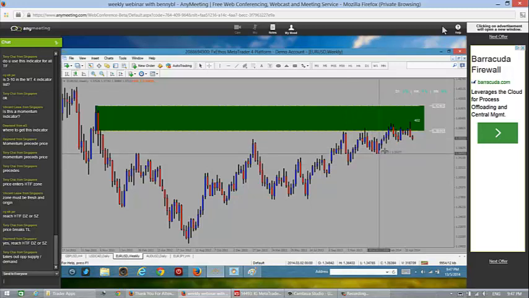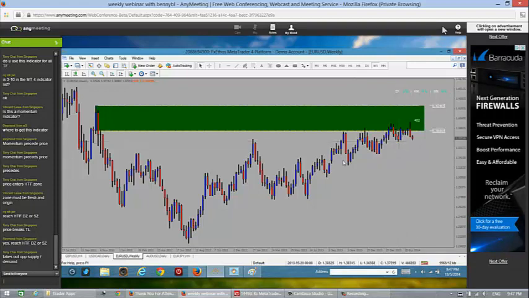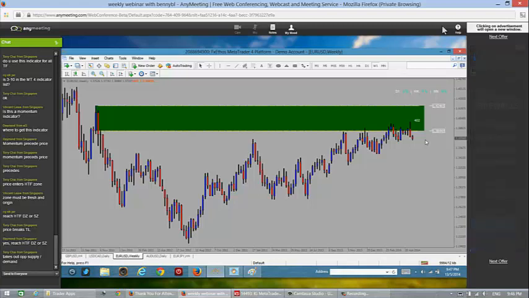From this low to this high, 492. From this low to this high, 325. Can you see that every swing the market is running out of steam, running out of energy, and it comes into the higher time frame supply? That is the prerequisite, right?